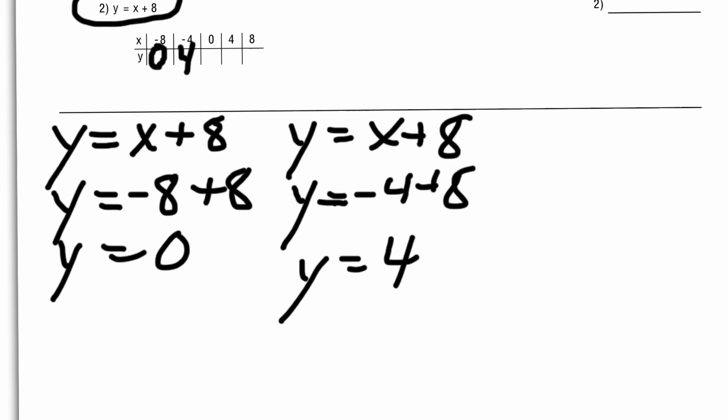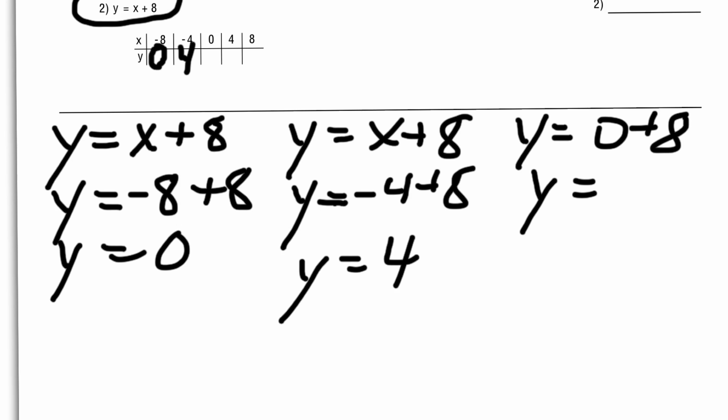Of course, we always got to check at least a few of them, make sure that we're on the right page. Okay, so again, y equals x plus 8, so we'll stick in 0. Y equals 0 plus 8. Y is 8, just as we predicted.